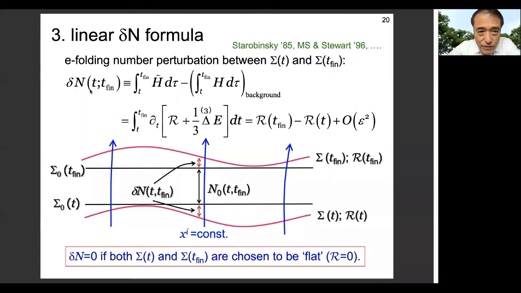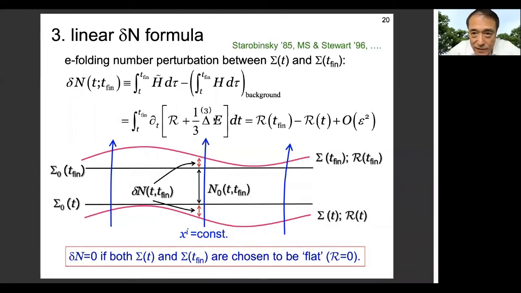Then if you compute delta n, again, this doesn't depend on any choice of gauge. Just choose an arbitrary gauge or slicing, and you can compute this delta n between these two. So at this level it is still a coordinate dependent or gauge slice dependent quantity. But the important point is that it can be totally integrated. This delta n is just the difference between the initial value and the final value of this quantity.